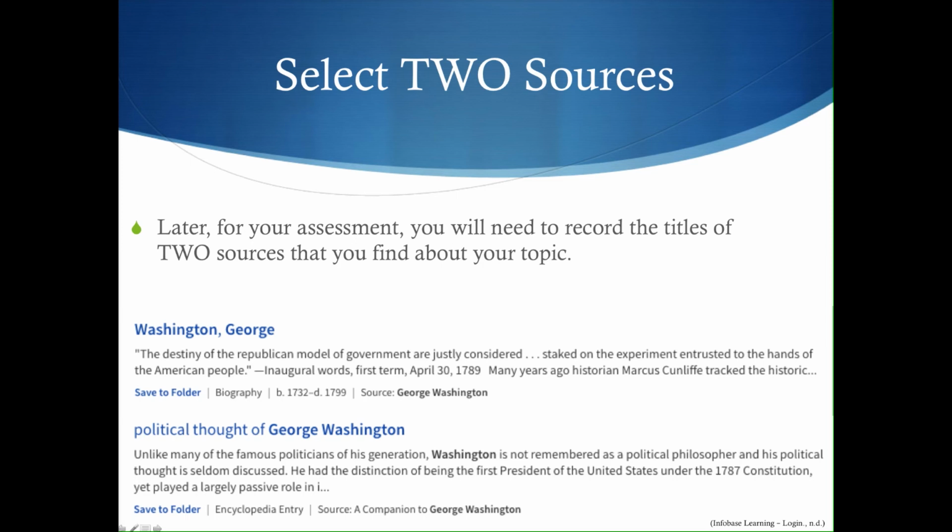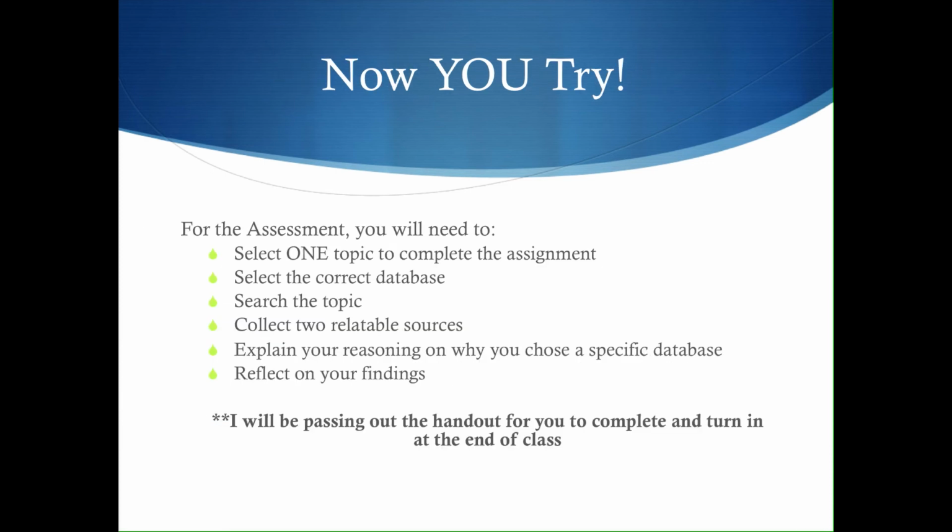When I scrolled through my results, I found two sources that related to George Washington. One is Washington, George, and the second one was Political Thought of George Washington. These two sources are going to be needed for me to complete my assessment.